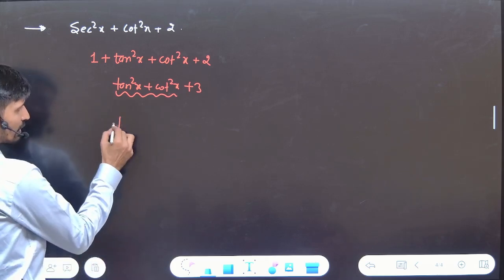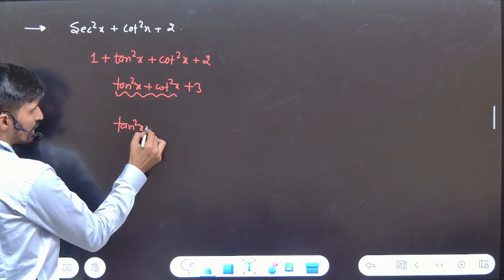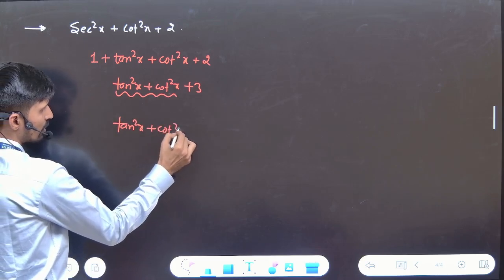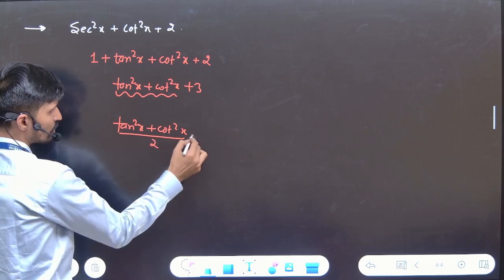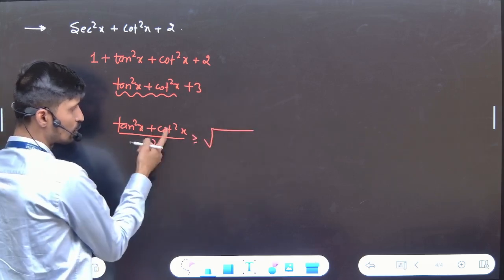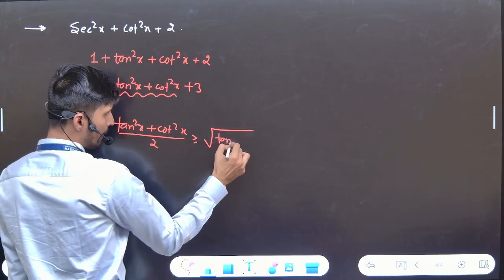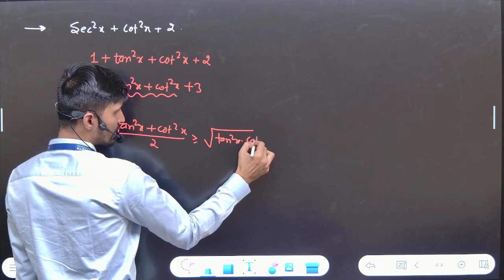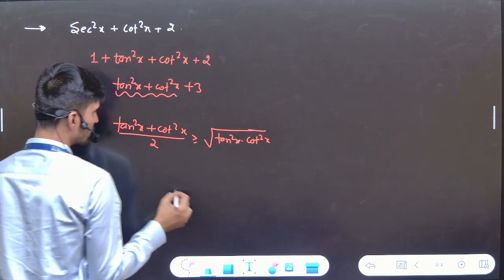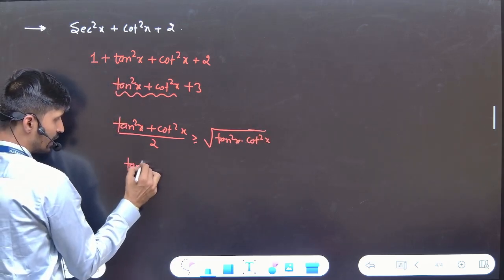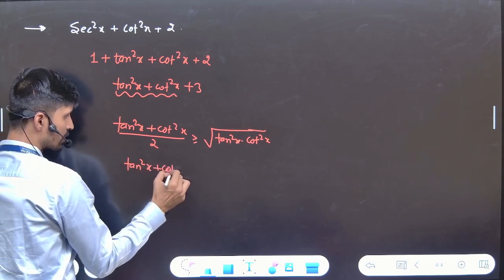So I will take tan square x plus cot square x by 2 is greater than equals to square root. Two terms are there, so 1 by 2 will be there, square root of tan square x into cot square x.